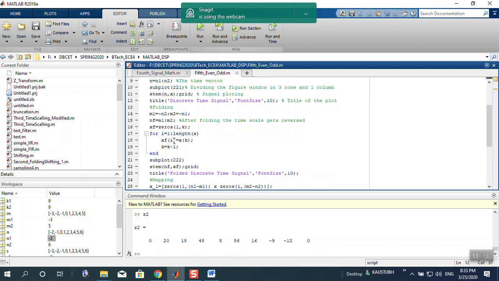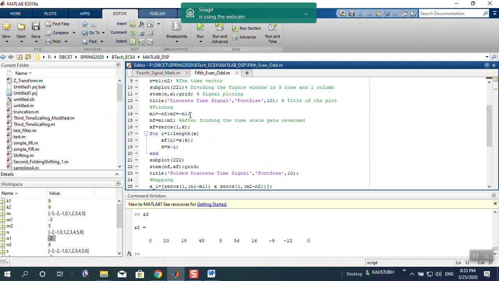Now folding. The second part, what we need to do, is the folding. For folding we have already discussed: it is a 180-degree rotation about the origin, keeping the origin value same. So for the time scale, n1 was the leftmost and n2 was the rightmost time index.